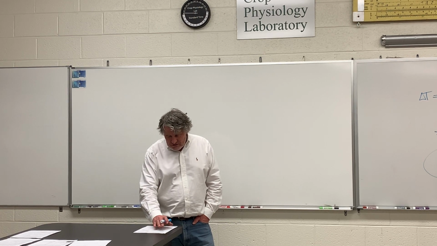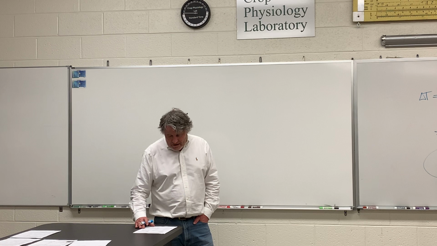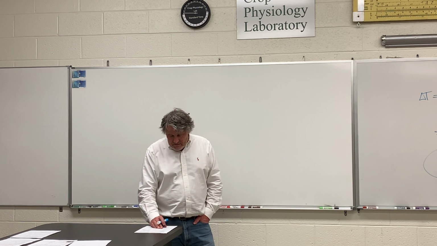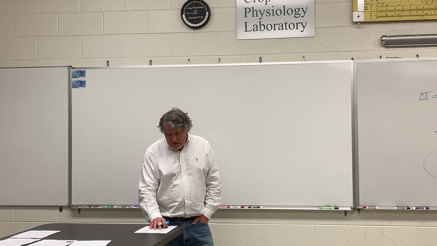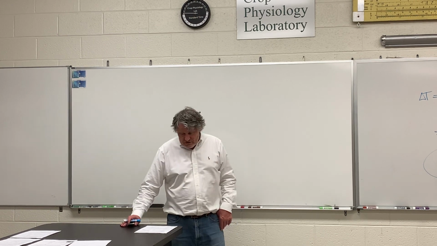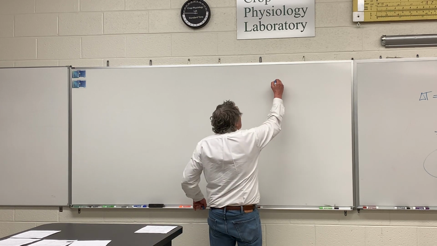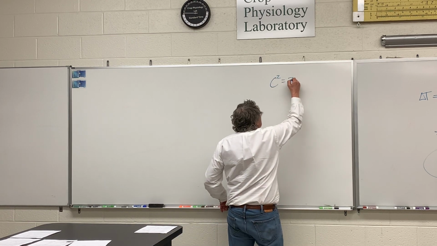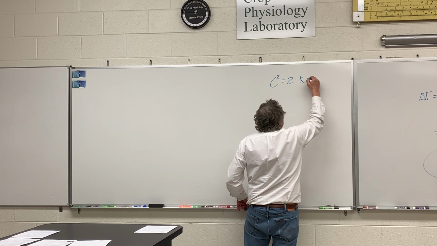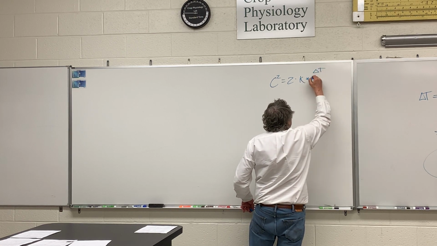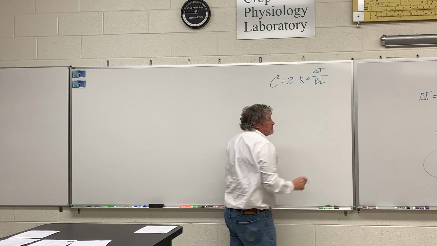And obviously you don't need all those component parts in the top part of this, but the narrow leaf is 0.49 C, the wide leaf is 4.86. Those are on the key. So this is, back to conduction and convection, 2 times K times delta T times the boundary layer.